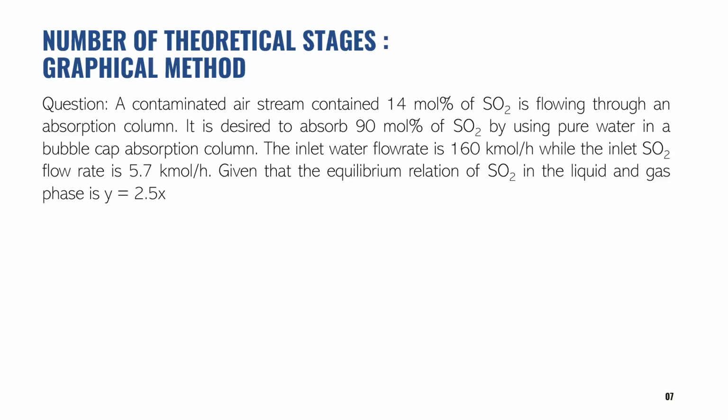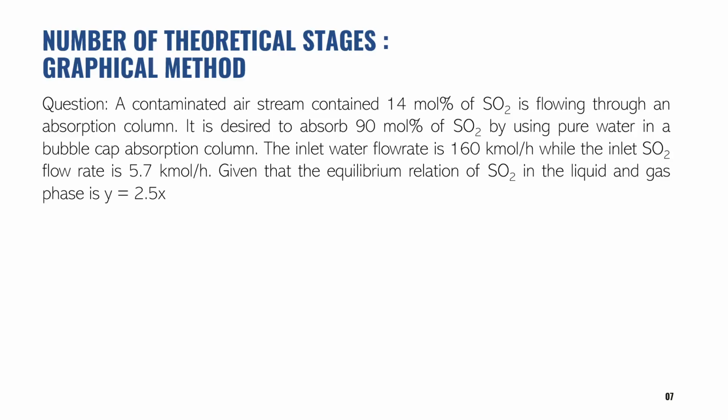It's pure water, so there is no other component in the water inlet at the beginning of the process, meaning SO2 or air doesn't exist in the water flow. And the inlet SO2 is 5.7 kilomole per hour. It's not the inlet of air, it's just the inlet of SO2, sulfur dioxide.